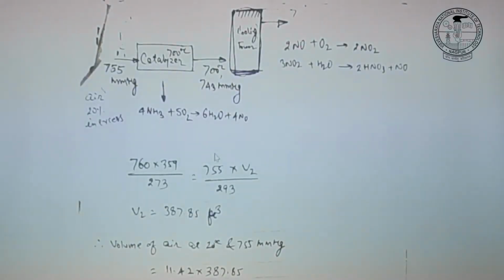Now again, 1 lb mole of air available at 293 Kelvin, because in the problem statement 20 degree centigrade is the temperature and 755 mmHg is the pressure at which the air is available to be supplied, right?